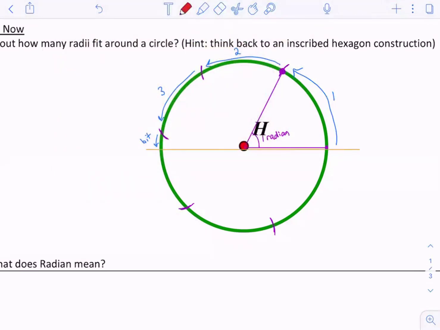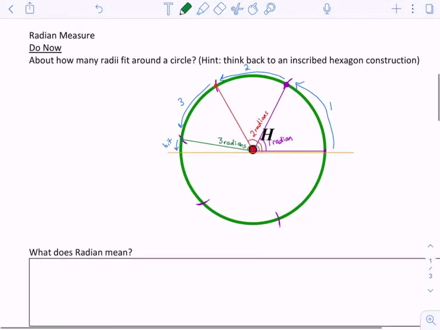If I were to do another angle here, so if I were to discuss this whole entire angle, that would be 2 radians because it's worth 2 radii of the circle. If I were to go here to this point and discuss this angle, this whole thing from start to finish, right? Remember we started here. So from start to finish, that would be worth 3 radians of openness. So that's where radian measure comes from.